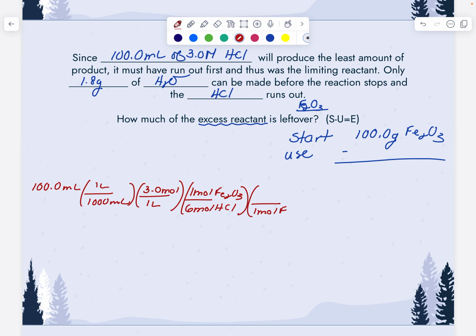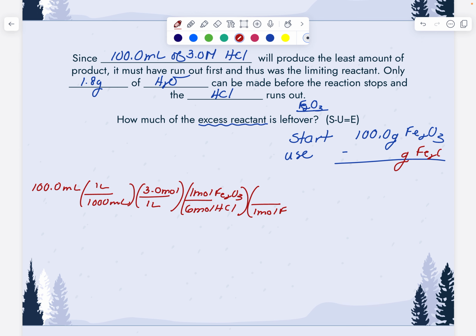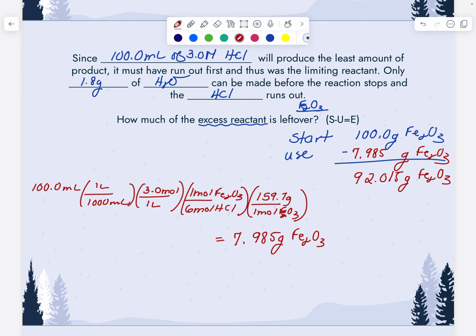And I want to find the grams of Fe2O3, so 1 mole of Fe2O3 has a molar mass of 159.7 grams. When I do that, I get 7.985 grams of Fe2O3 that was used. So I'm going to subtract 7.985 grams of Fe2O3, and that means what do I have left over? 92.015 grams of Fe2O3, iron 3 oxide.